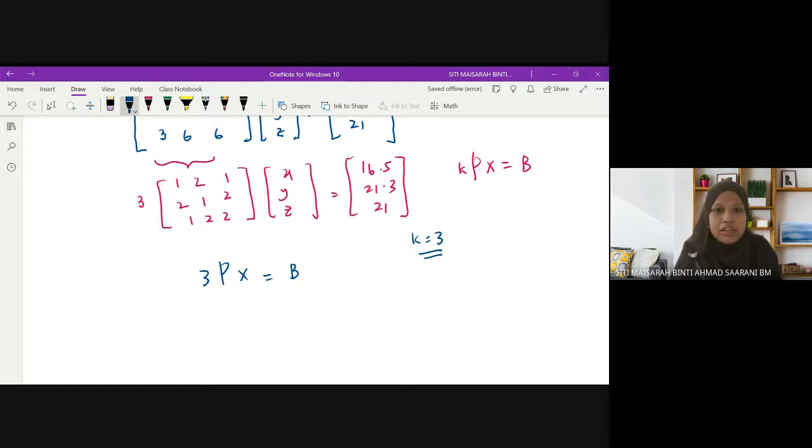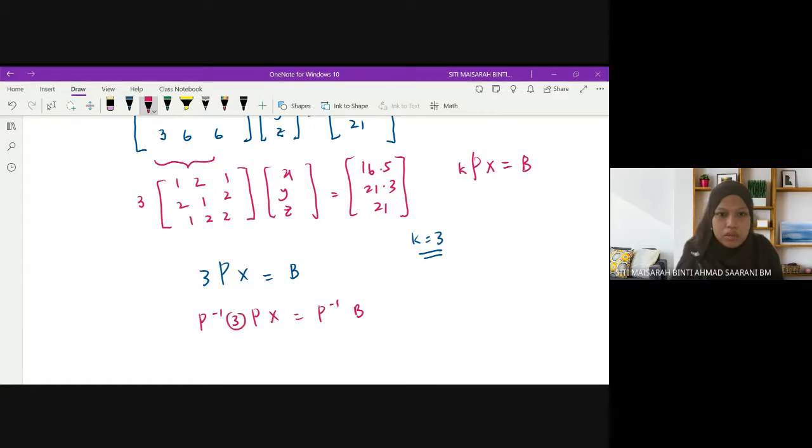Okay. Then we want to find X so jadi kena darab dengan P inverse. Okay. By using inverse matrix, we multiply with P inverse. Let's say P inverse 3PX equals to P inverse B.